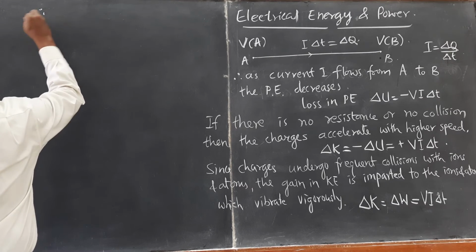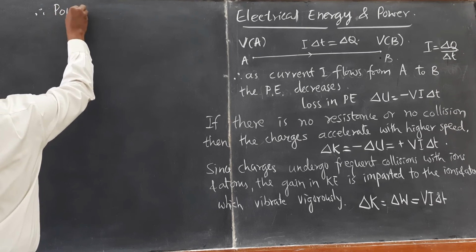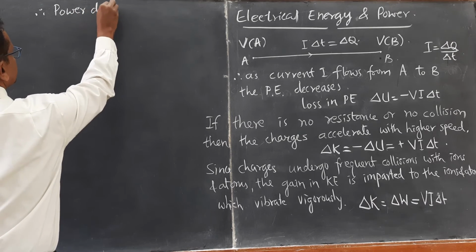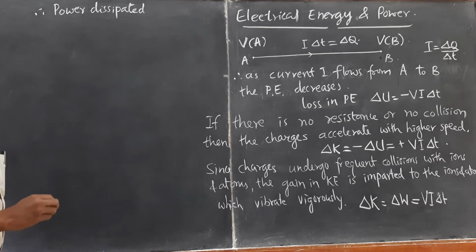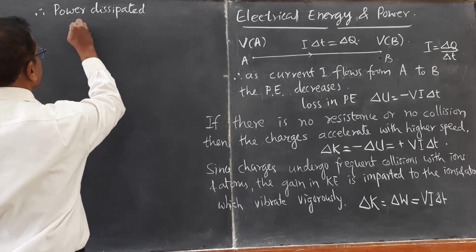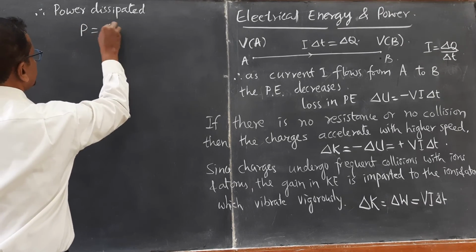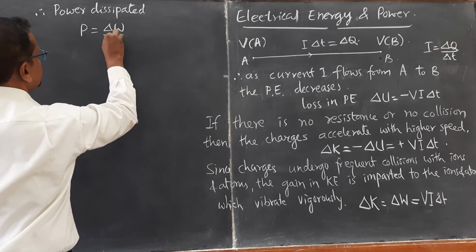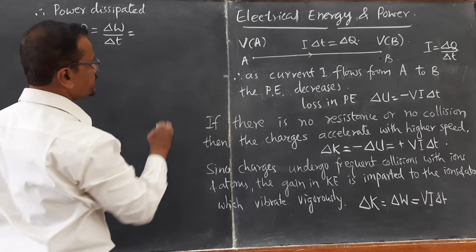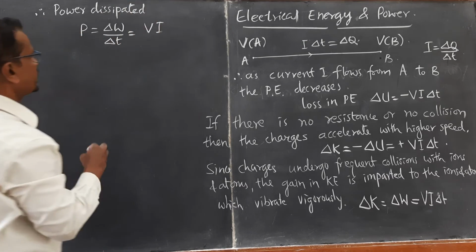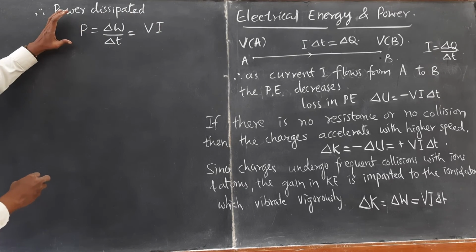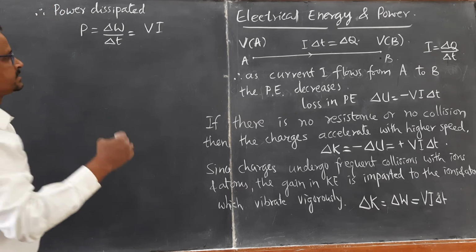Power dissipated in the form of heat is calculated as delta W by delta T. Delta W by delta T becomes VI delta T by delta T, so it becomes VI. So, this is the power dissipated in the form of heat.